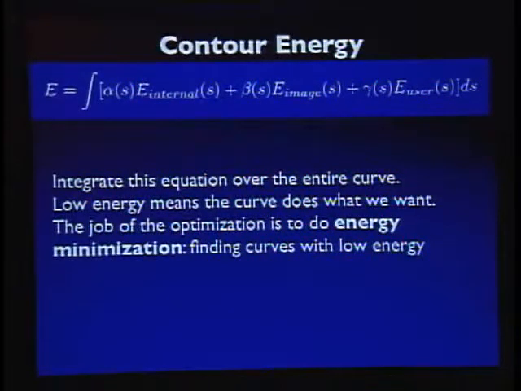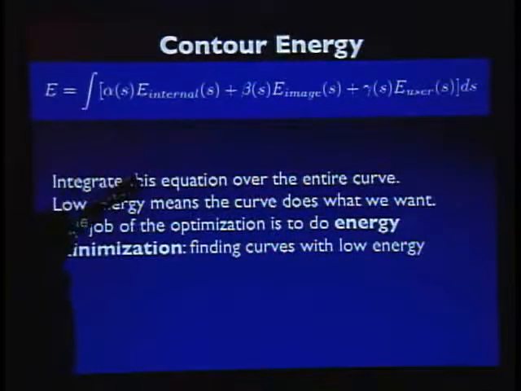Now, one very common approach is to use this formulation at the top, where for every position in your contour, let's say you have one parameter for your parameterization of the contour, and that's S, then each S corresponds to one position on your contour.